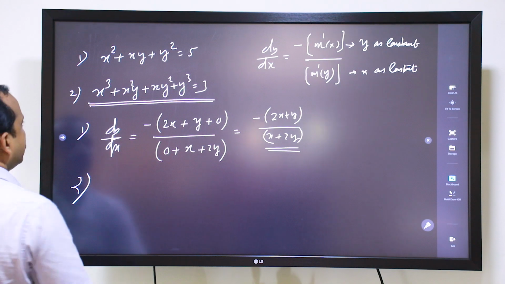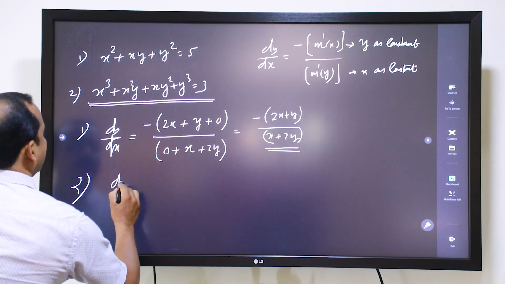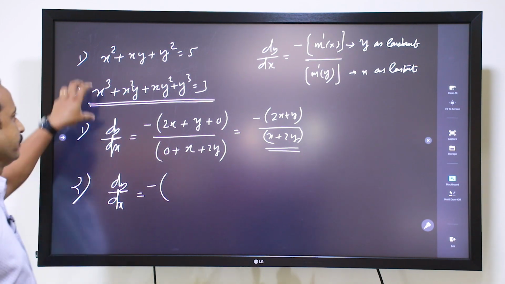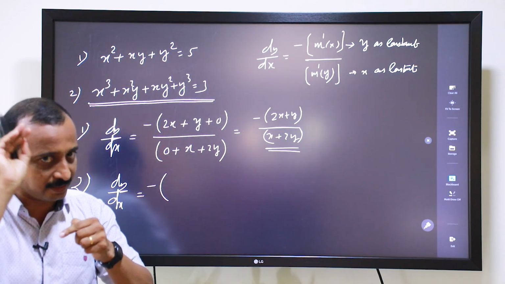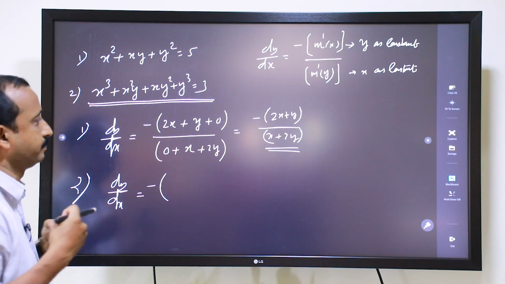Now we find the derivative of this function. dy by dx is equal to minus of, first we find the derivative of this function with respect to x. At that time, you consider y as a constant.